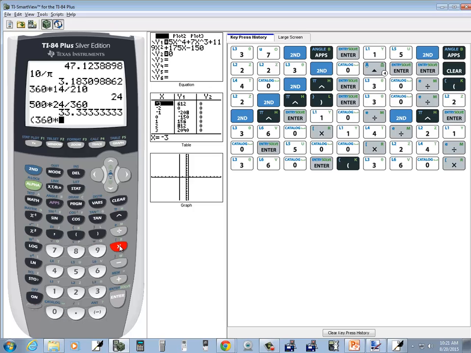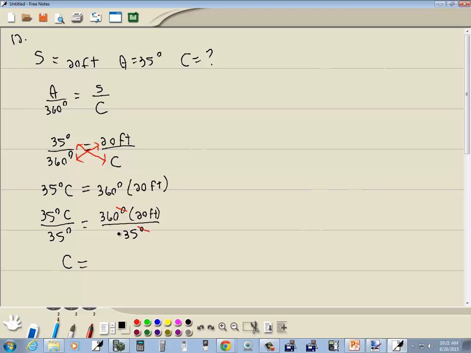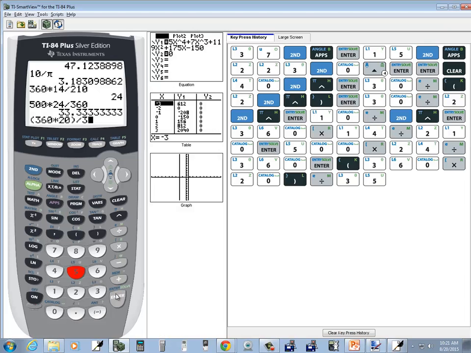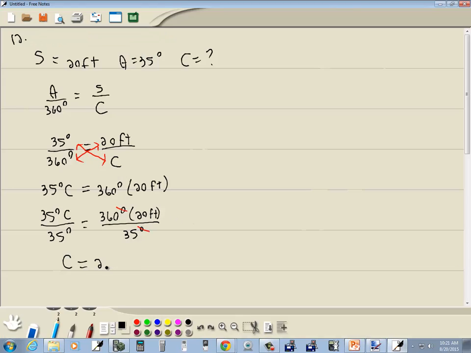So we got 360 times 20, closing parentheses, divided by 35. And then press enter. Now take it 2 decimal places. So our circumference will be 205.71 feet, because that's what we have left there. So that'll be our answer.